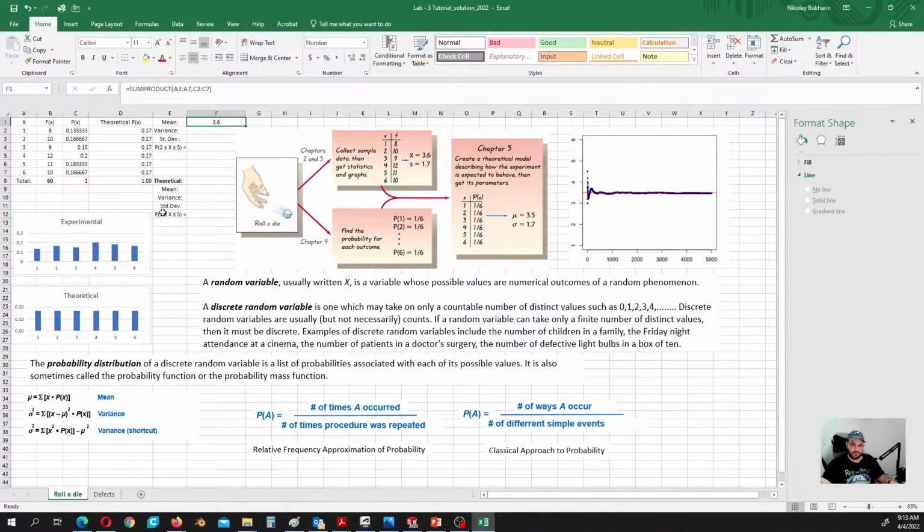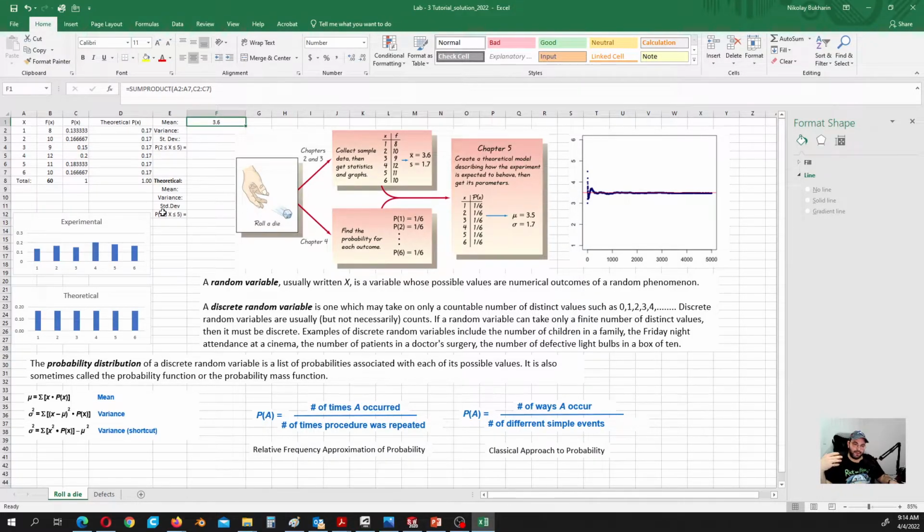What we need to do is add up those numbers and divide by the number of times we rolled the die, in this case 6. If you add everything up, 1 plus 2 plus 3 plus 4 plus 5 plus 6, divided by 6, this is going to be 3.5, which is the theoretical value.